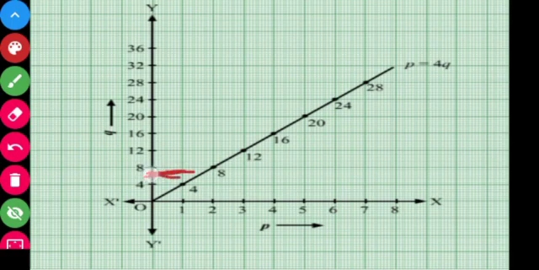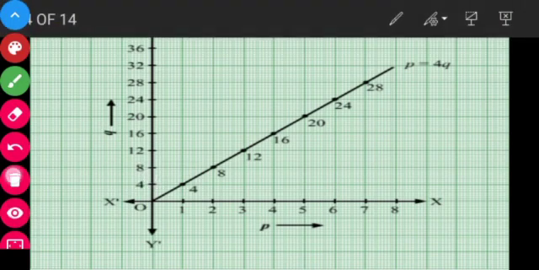Take the point 6 on the y-axis, between 4 and 8, and draw a horizontal line from here. Where it cuts the graph, from there draw a vertical line. The point at which this cuts the x-axis is the required value. This is between 1 and 2, that means 1.5. So when q is 6 then p is 1.5.